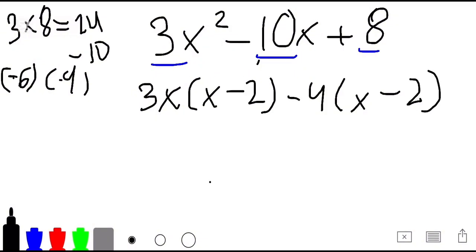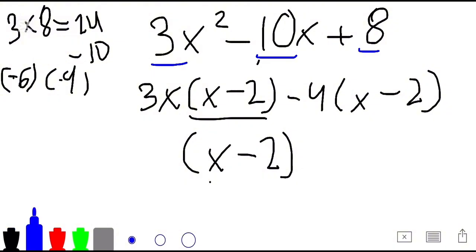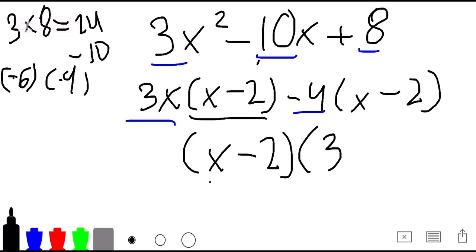After we do that, we leave the first binomial as it is, and then we take the remaining coefficients, which are 3x and -4, and we put them in their own bracket next to this.